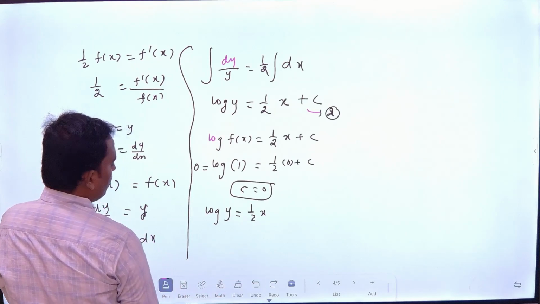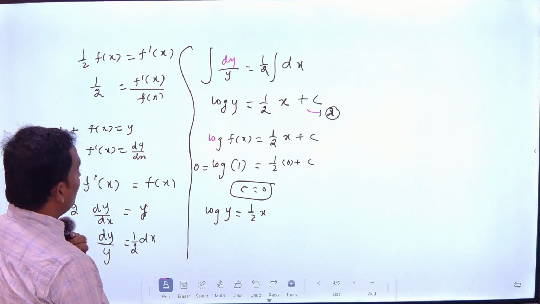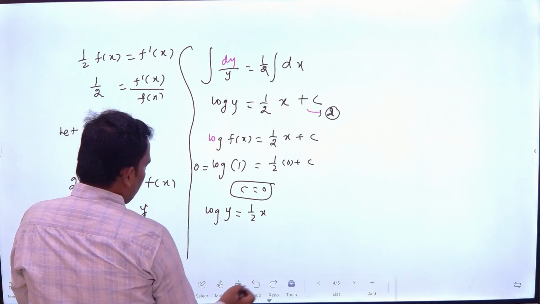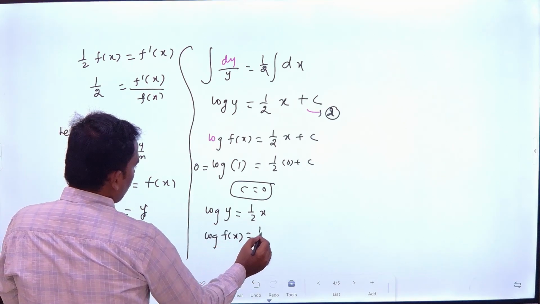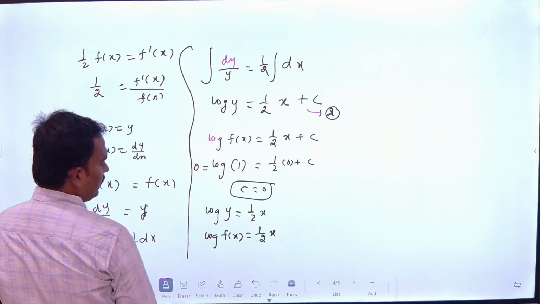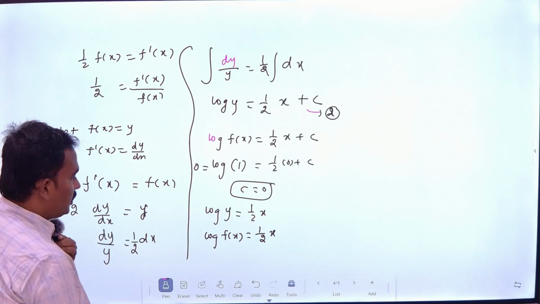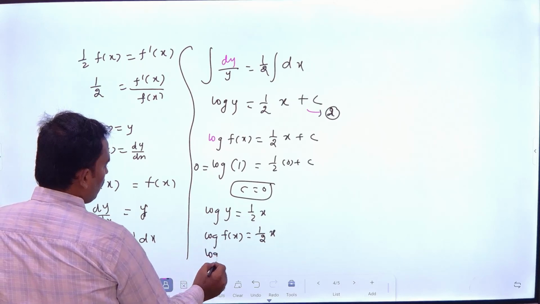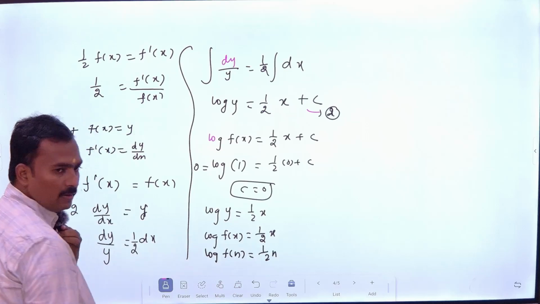Okay, fine. So log y is equal to half times x. But what is y here? Y is f of x, right? So log f of x is equal to half times x. But we need it in terms of n, just replace x by n. Log f of n is equal to half times n. Clear?